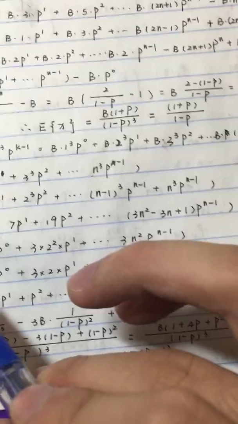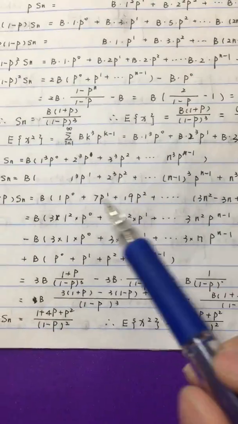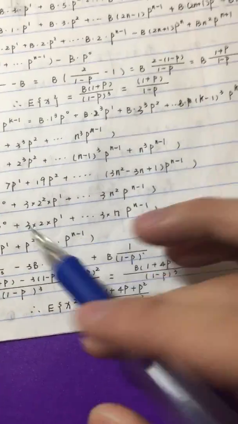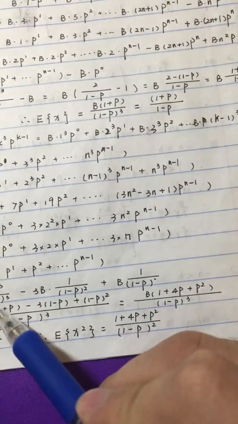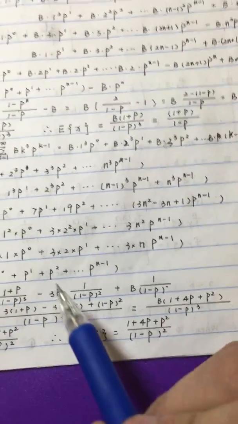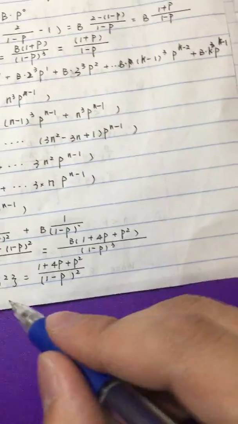We can find that this equation can be divided into 3 parts, and we can solve each part of the equation. So we can get S_n equals this, and you can get E[X squared] equals this.